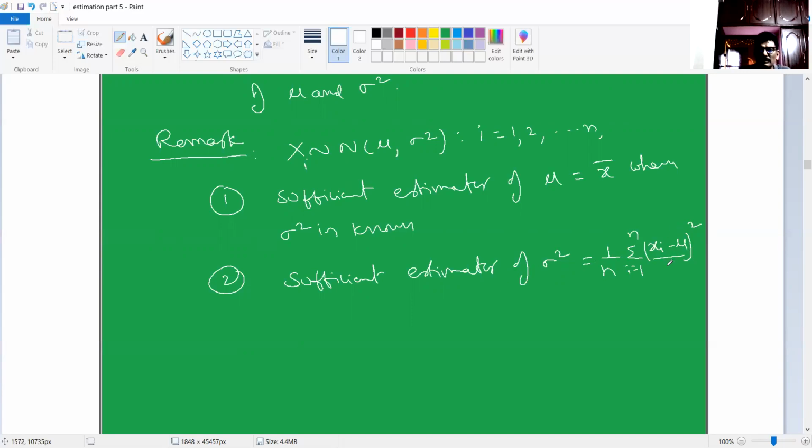This is the sufficient estimator for sigma square when mu is known.